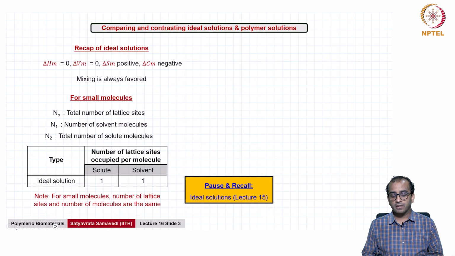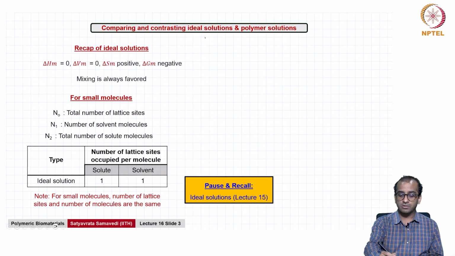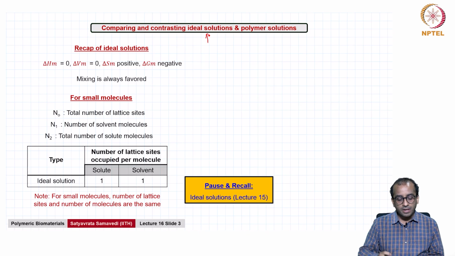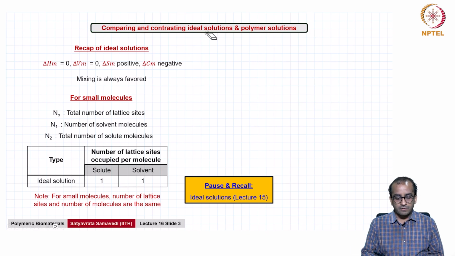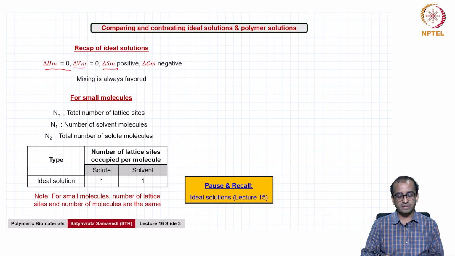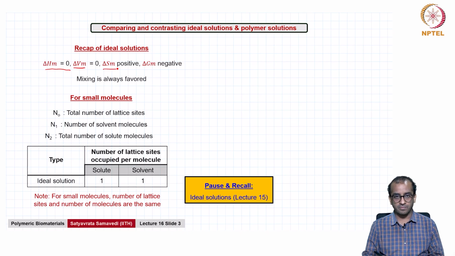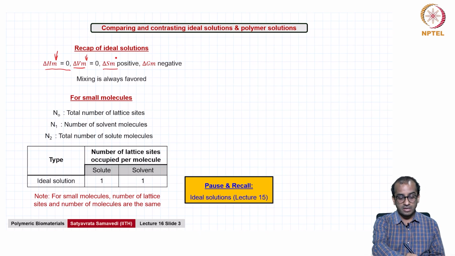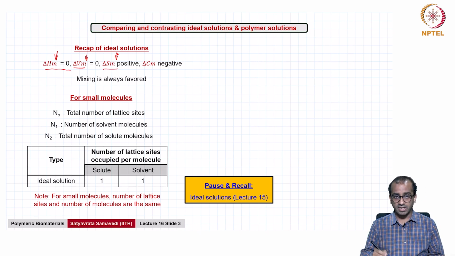So we will first begin by comparing and contrasting ideal solutions that we saw in lecture 15 and polymer solutions. Recall that the delta H mix, delta V mix and delta S mix for ideal solutions that we saw in lecture 15, delta H mix and delta V mix are 0, delta S mix for the ideal mixing is a positive quantity.